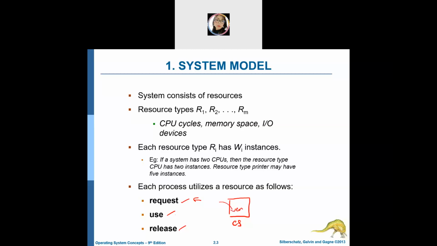Entering is similar to executing, to using. After you finish, you exit, and exit is similar to release. These three steps are like our day-to-day activities, and similar in your processes and your system. So in our system model, we have request, use, and release.